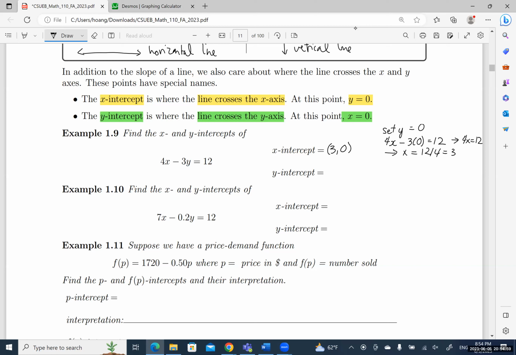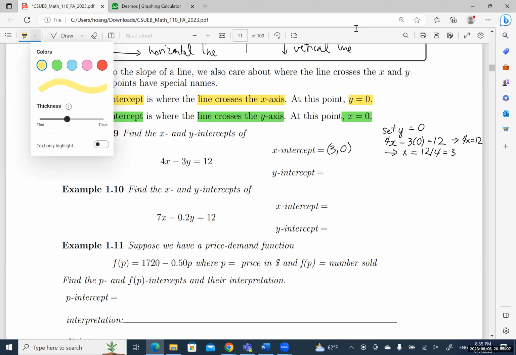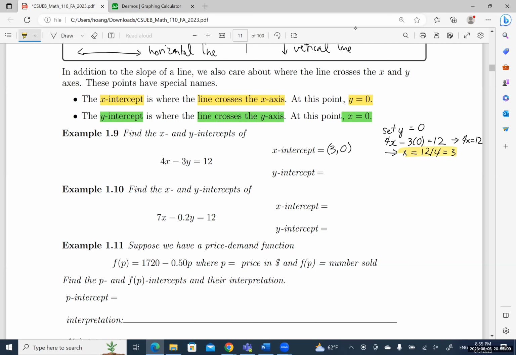The reason is the x value was 3 and the y value was 0. So I will mark this one as the work.